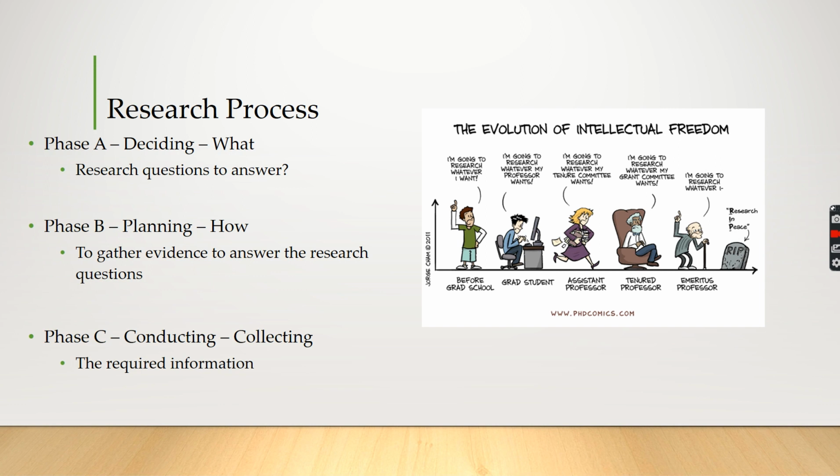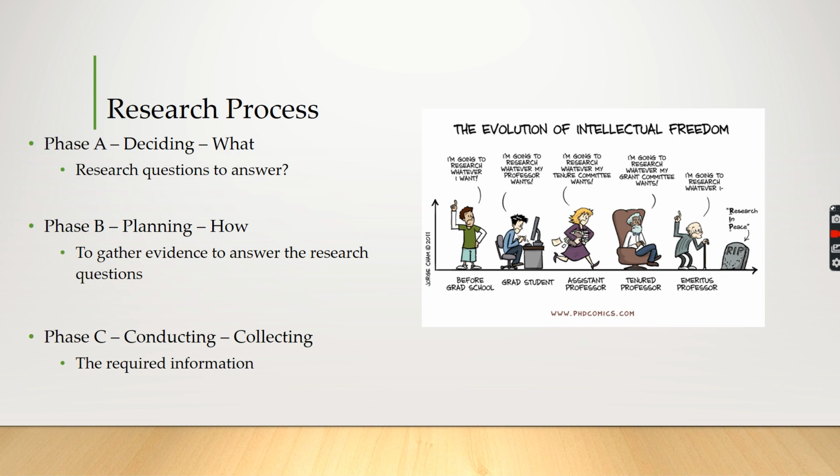We can break the research process into three different phases. Phase A is designing, the phase for you to decide what you want to answer: what are the research questions that you are formulating, what is the problem that you want to answer.